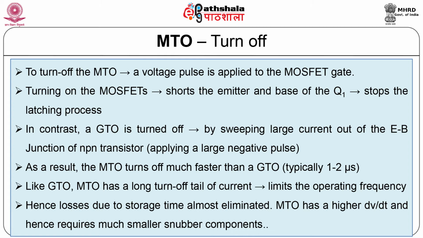It stops the latching process. So, its turn off is much faster than GTO. Like GTO, it also has a turn off tail. So, it limits the operating frequency. MTO has higher dV by dt, hence requires much smaller snubber components.